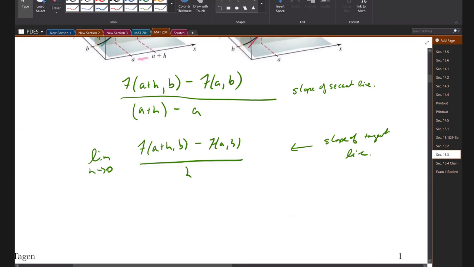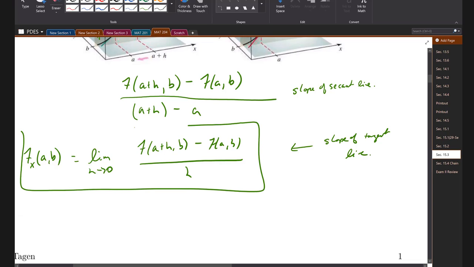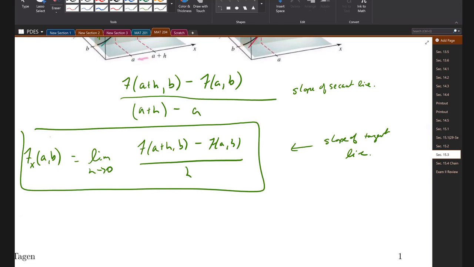And this is how we choose to define the partial derivative of f with respect to x at the ordered pair a comma b. So there's our definition of the partial derivative of f with respect to x at a given point. That's the slope of the tangent line.